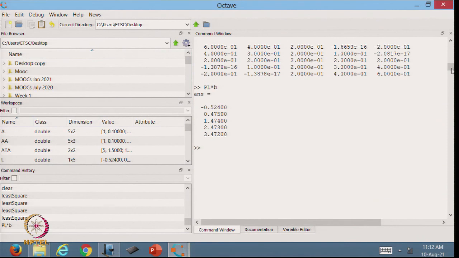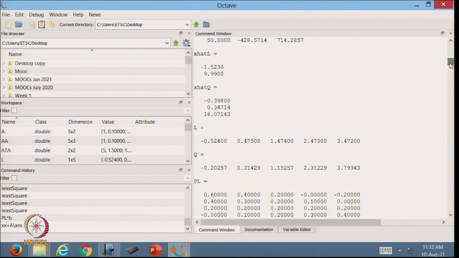Maybe I can write here some value, I just get x, so that I can write A backslash and the answer. So this is the answer I am getting, and this is my x hat. So x hat is minus 1.5 and 9.9, and if you see, this is also the same value, minus 1.5 and this value.